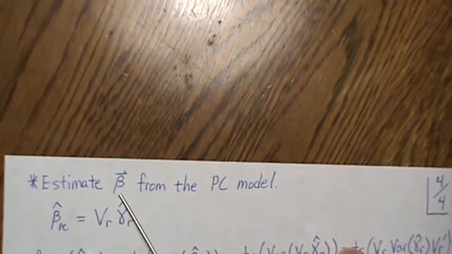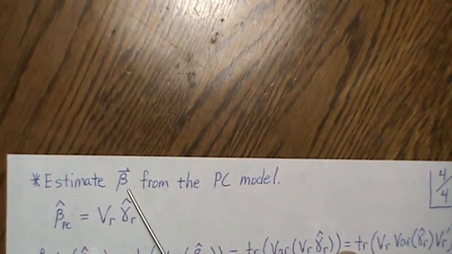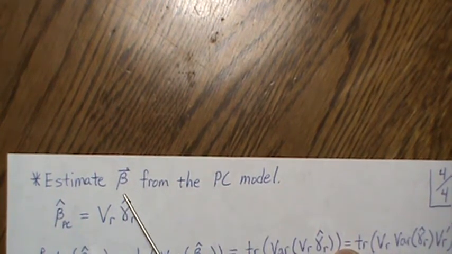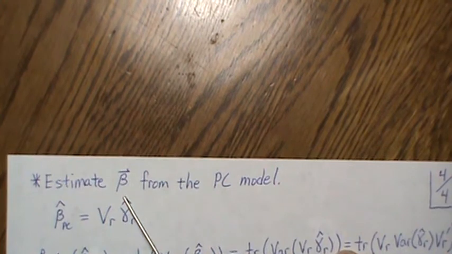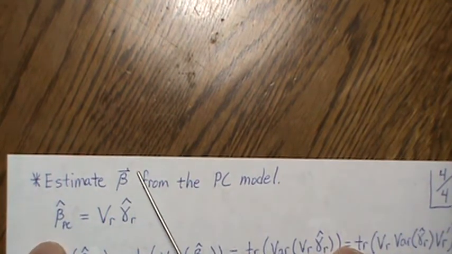So now to estimate the original beta from the principal components model, remember that's usually what we're interested in, how to interpret the beta parameters from the original model. And we've removed the ill-conditioned vectors from our design matrix. So what does that do to our original estimate, and how do we get it back?